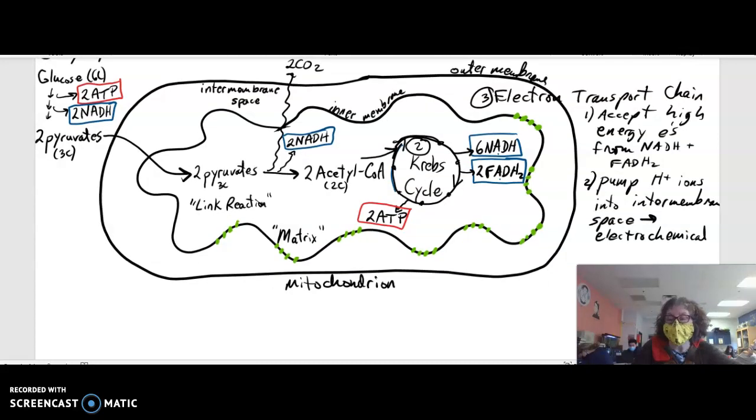Remember the word gradient? Creating a gradient.